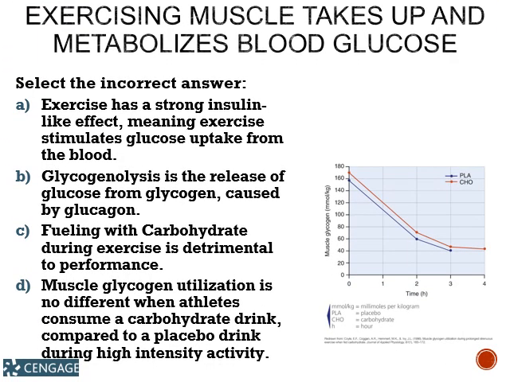Here's another little exercise that asks you to select the incorrect answer of the 4 choices listed here. On the right are the results of a study that looked at how carbohydrate intake during exercise affected ability to perform.